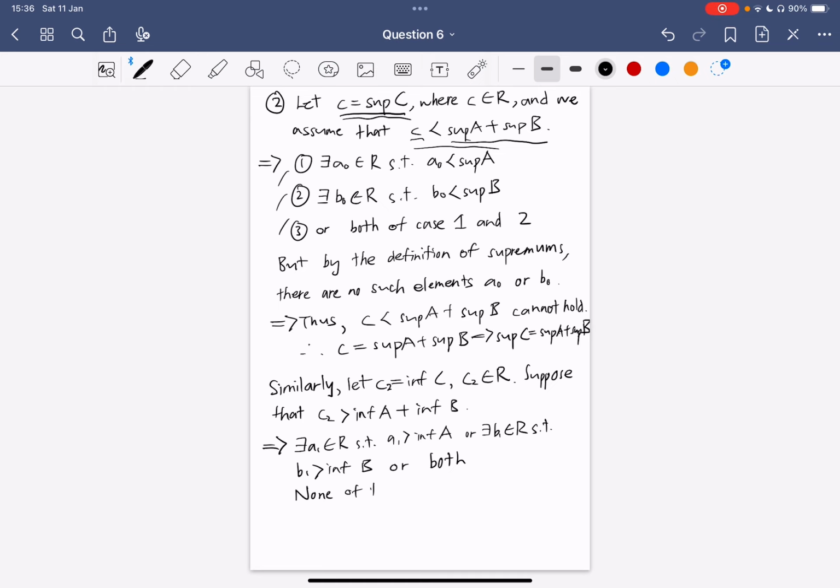None of these cases can be true by the definition of infimums.